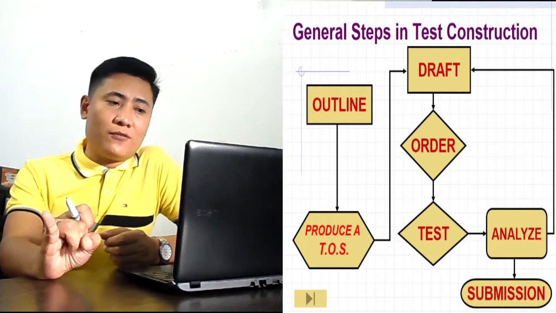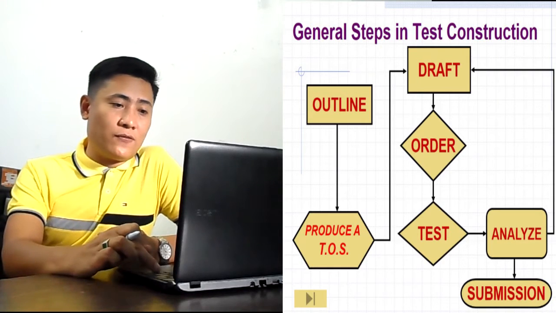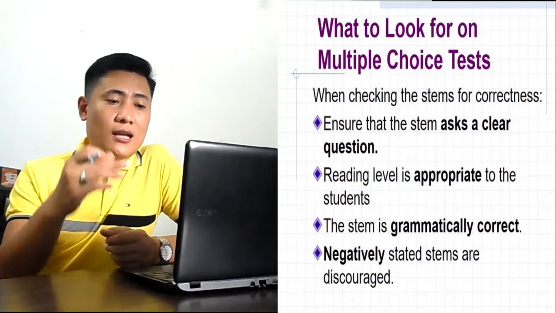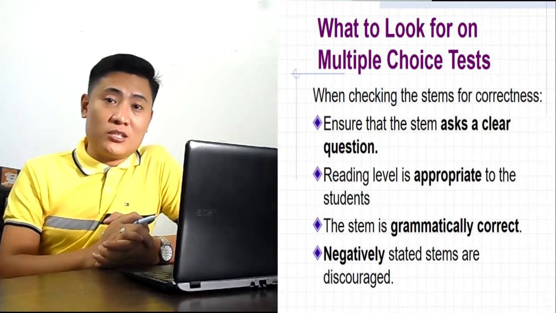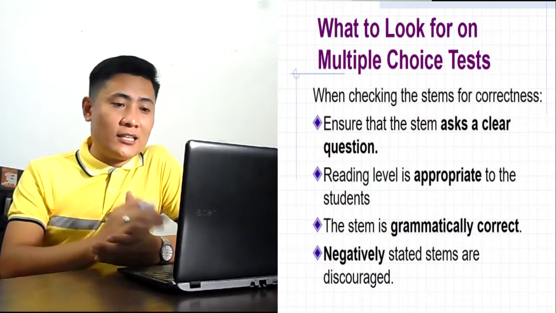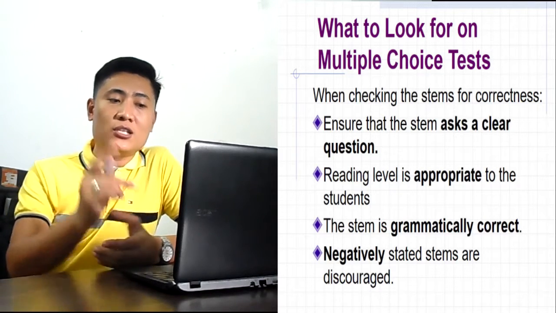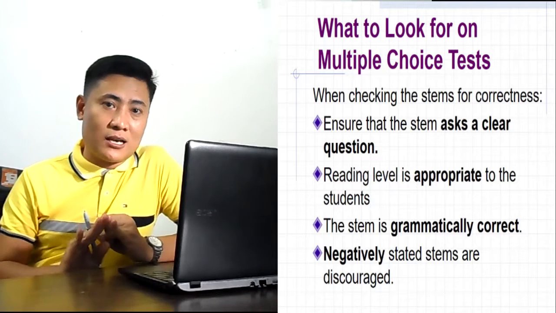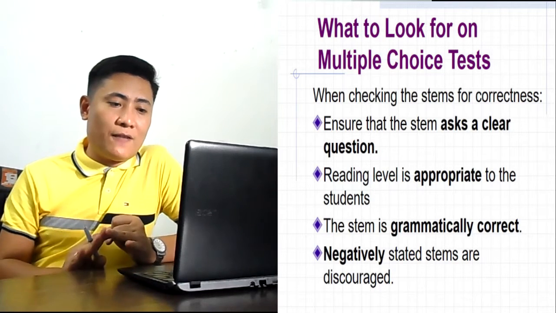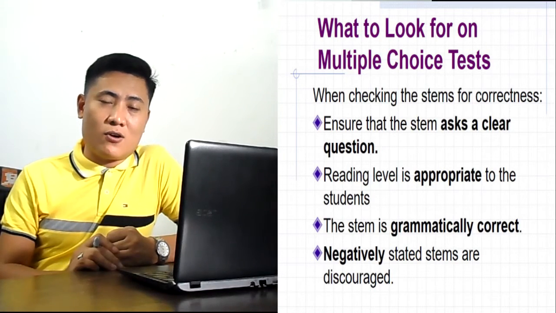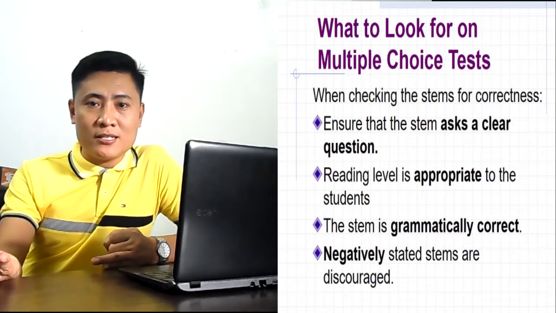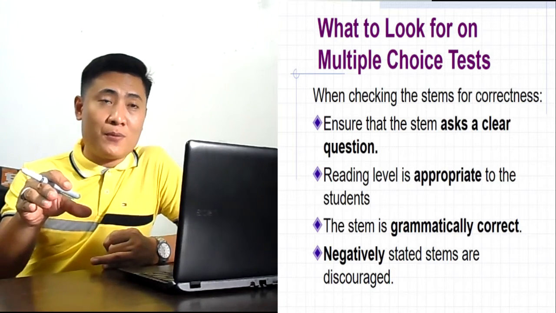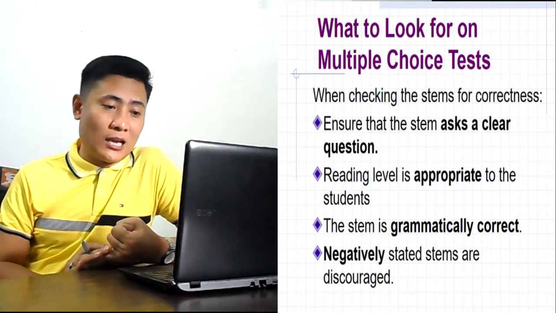Alright, so first, what to look for in a multiple choice type of test. When checking the stems for corrections, ensure that the stem asks a clear question. Reading level is appropriate to the students. If your respondents are elementary, in terms of comprehension, they have a different level of comprehension compared to the secondary.